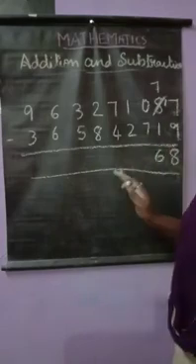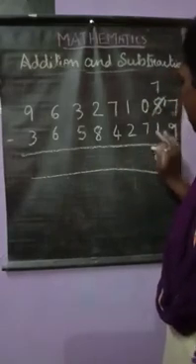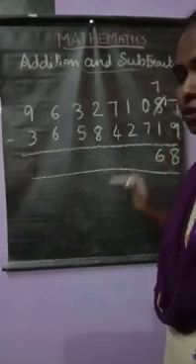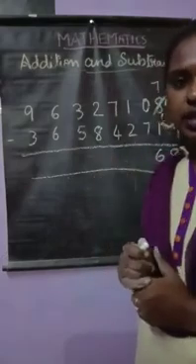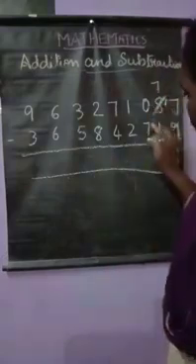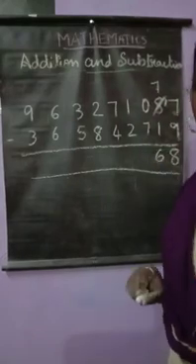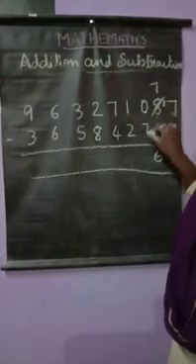Observe carefully. Here I have 0. 0 minus 7, can I do 0 minus 7? No. Yes, I told you any number minus 0 is that number. If 0 were present below and 7 above, I would have written 7 minus 0 is 7. But 0 is in this place, so I have to subtract 7.